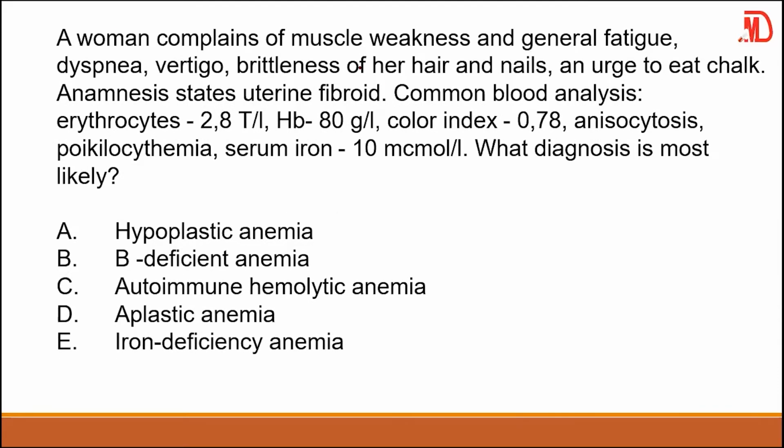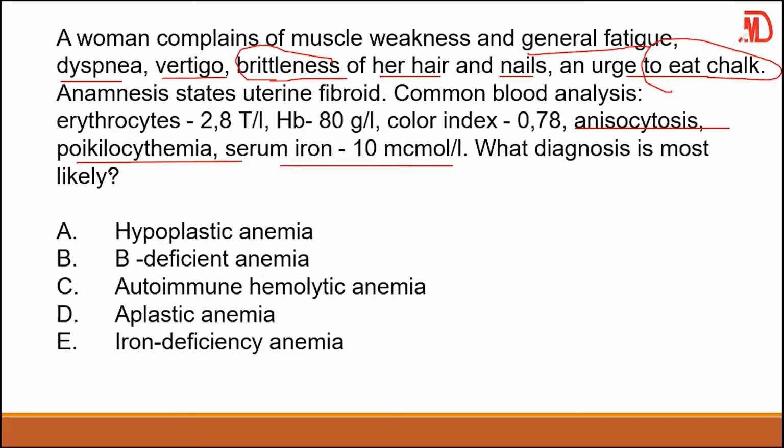A woman complains of muscle weakness and general fatigue, dyspnea, vertigo, brittleness of hair and nails, urge to eat chalk. Even this chalk alone tells you that you are dealing with iron deficiency anemia. And look at it, there's anisocytosis, poikilocytosis, serum iron is 10.